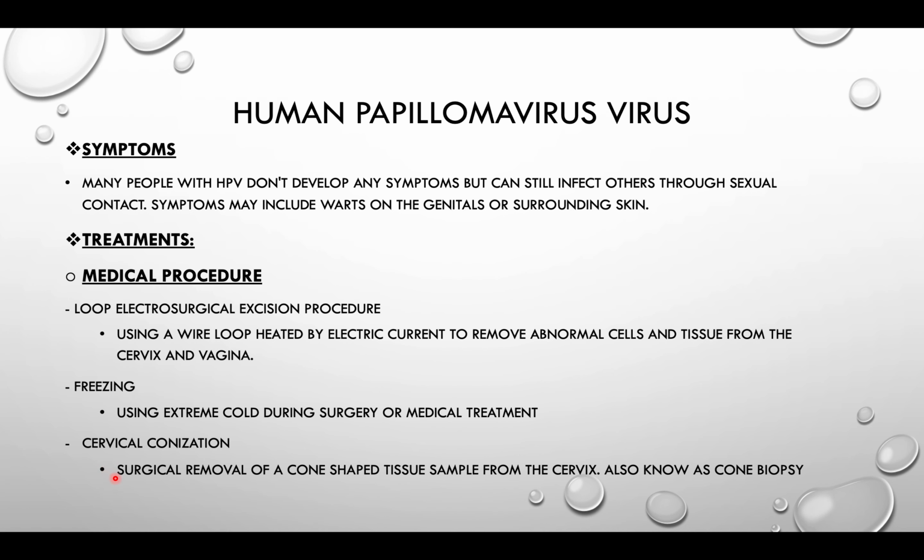It's a surgical removal of a cone-shaped tissue sample from the cervix, also known as cone biopsy. So these are all medical procedures. If you get those, most likely you will be able to control that virus.